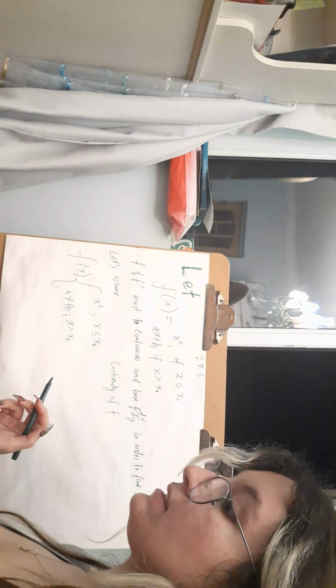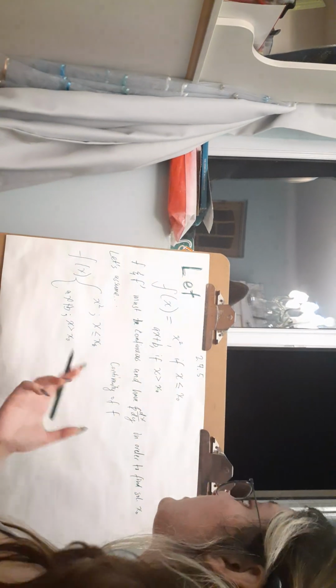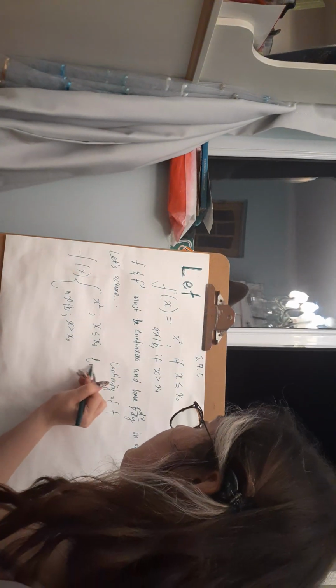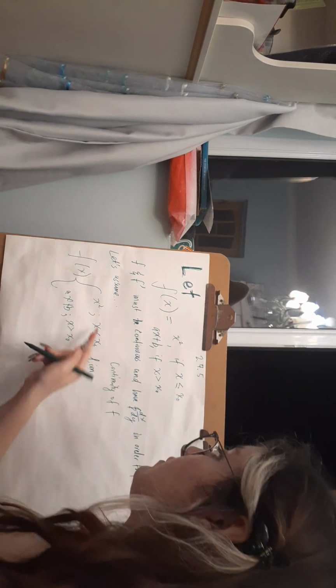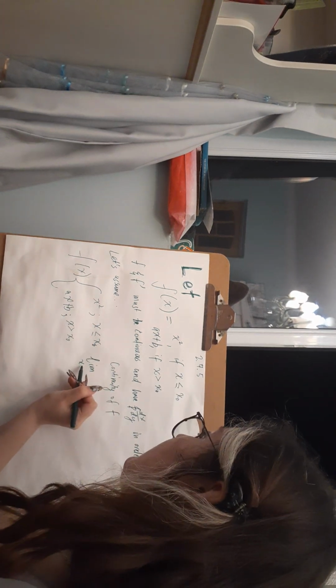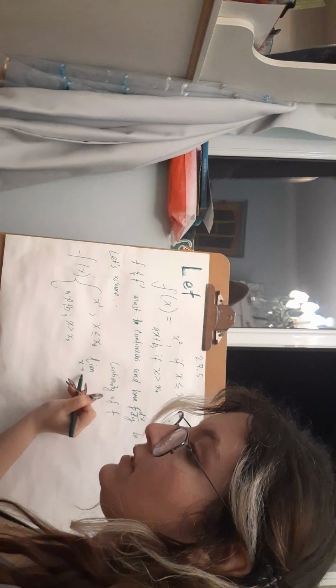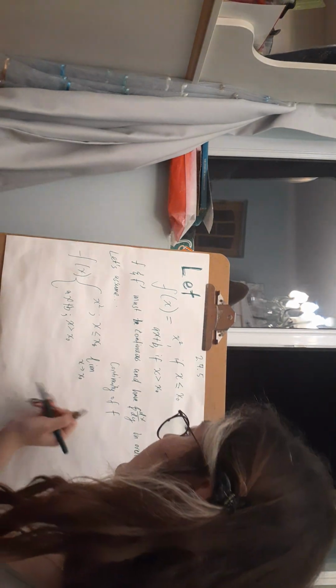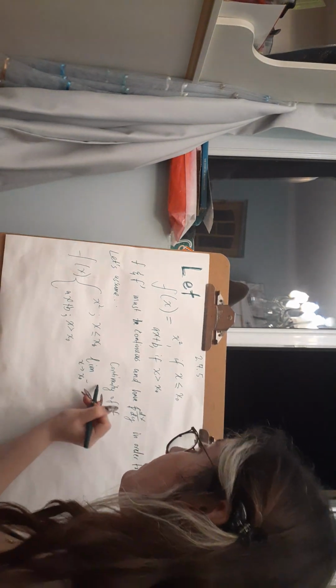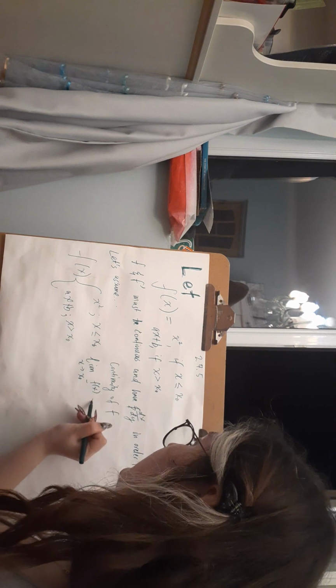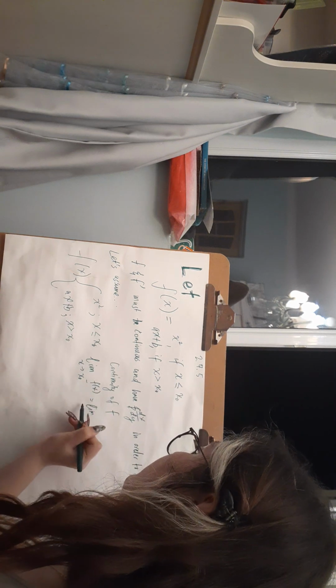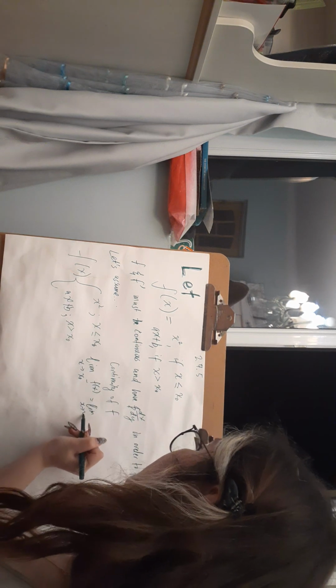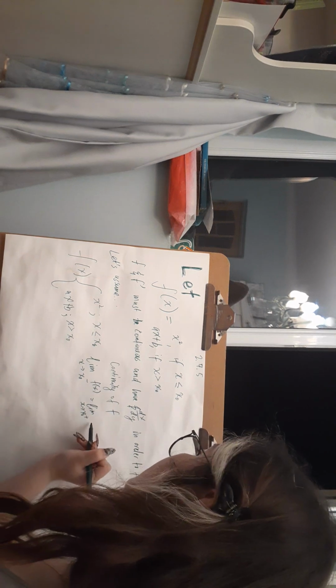Using the piecewise function, we can say that the limit as x tends to x naught from the left hand side is equal to the limit as it tends to x naught from the right hand side.